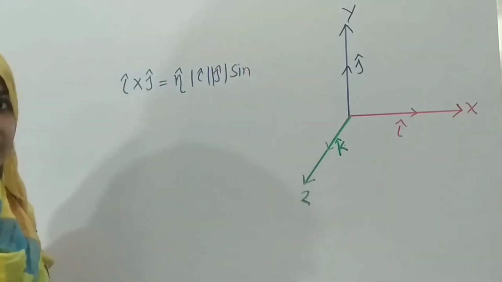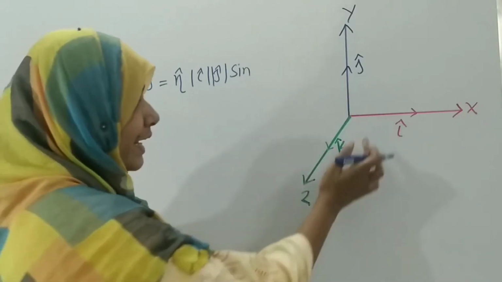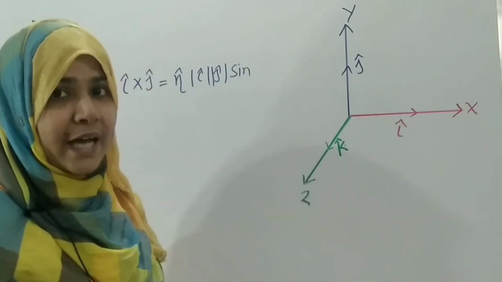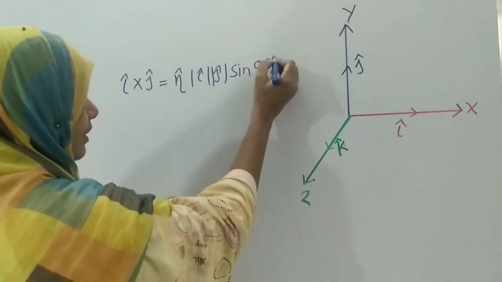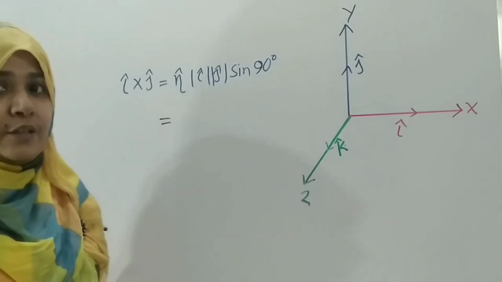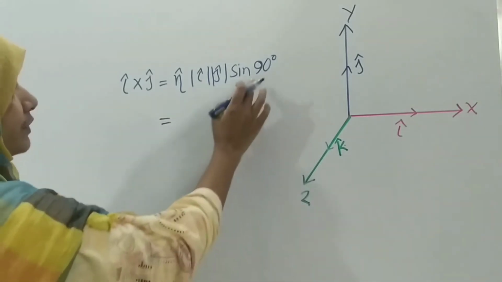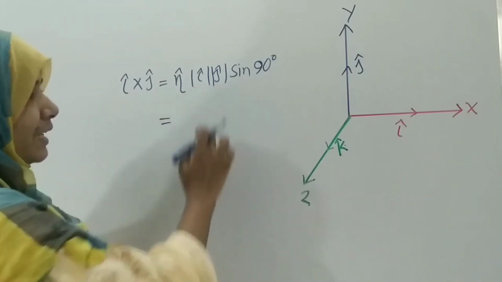You know that the angle between I and J, or the angle between the x and y axis, is 90 degrees. So we use sine 90 degrees, and the value of sine 90 degrees is 1, and here the values of modulus I and modulus J are also 1.